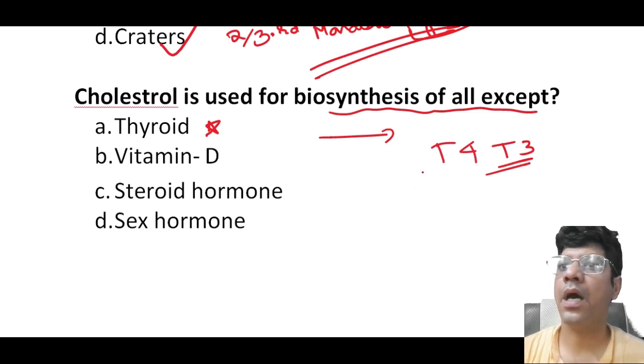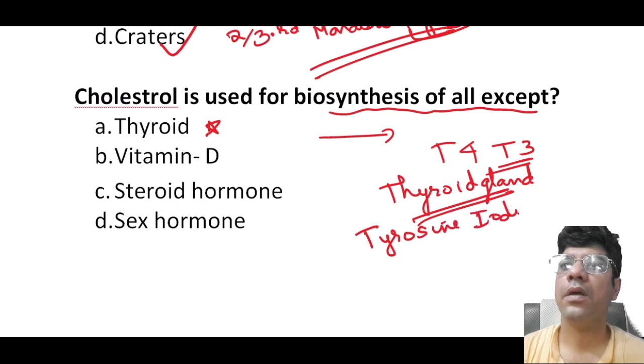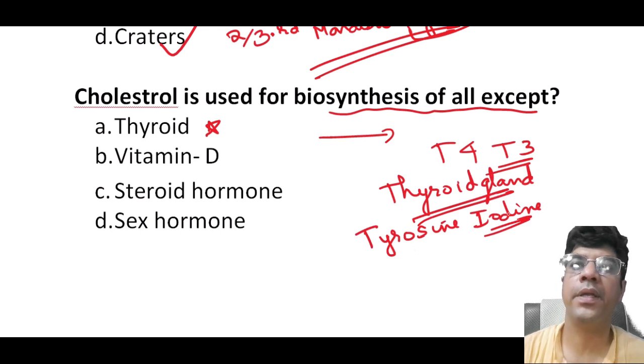The thyroid hormones, we know they are synthesized primarily in the thyroid gland from the amino acid tyrosine and iodine. So the process of thyroid hormone synthesis involves the incorporation of iodine onto the tyrosine residues within the thyroglobulin.